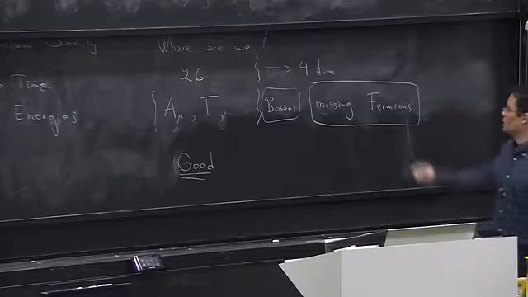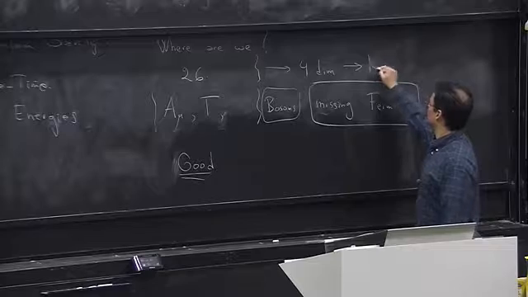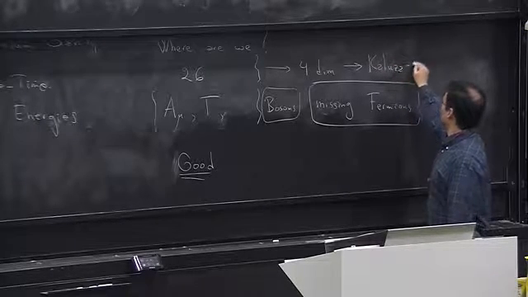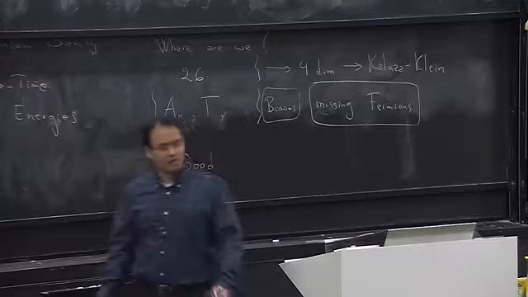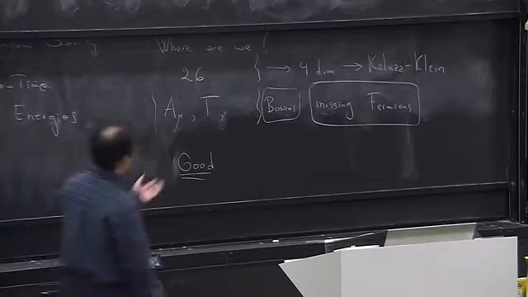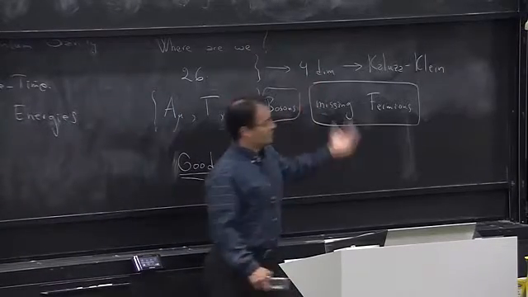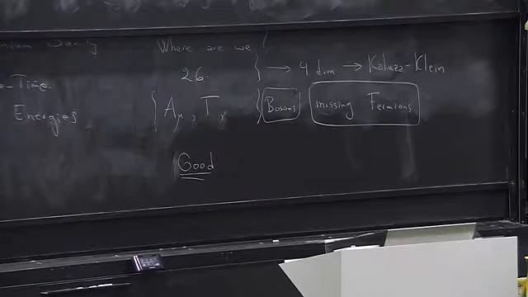Well, quite nicely, this is something that people started to explore very early on after GR was discovered. Kaluza-Klein started to play with the idea of unifying gravitation and electromagnetism as a theory that comes from 5 dimensions, okay?